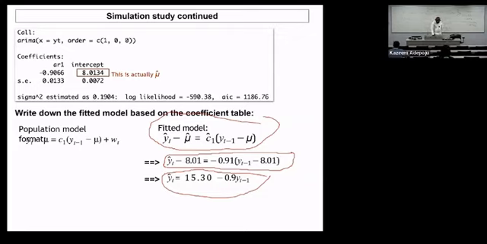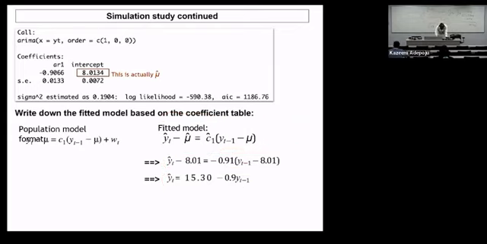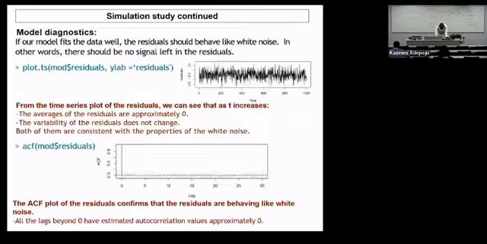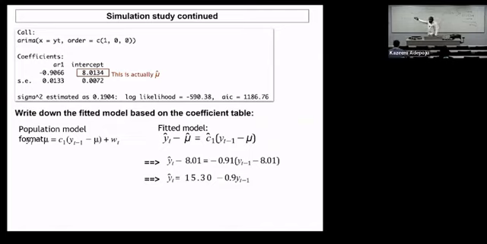Now that I've walked you through how to do that, when we fit a model like this, how do we know the model is going to do a great job? We've already fitted an AR of order 1.